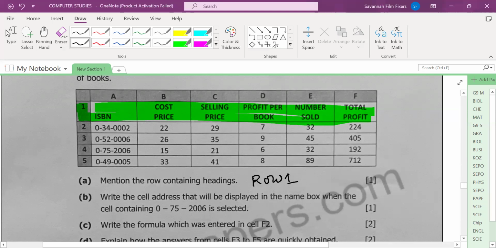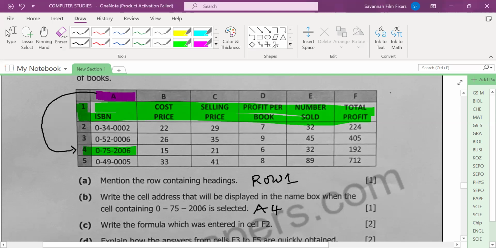If I click this one here, it corresponds to column A, so this would be A4. A4, right? Correct? If I highlight this here, yes, that is A4.